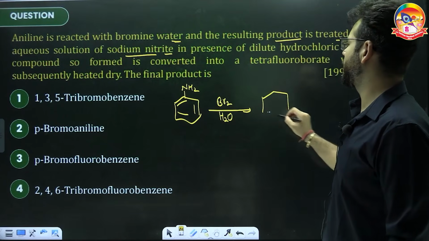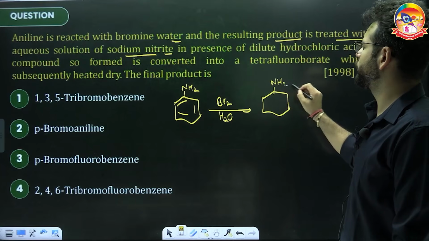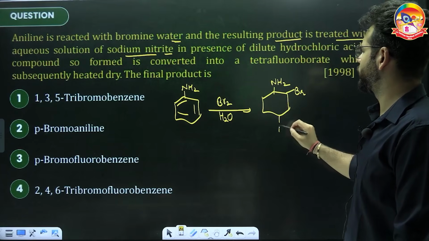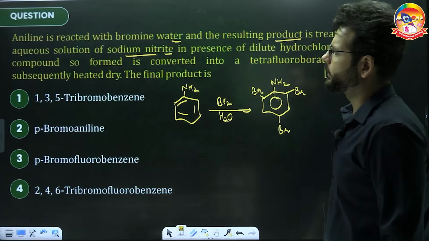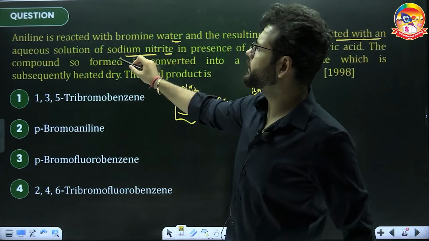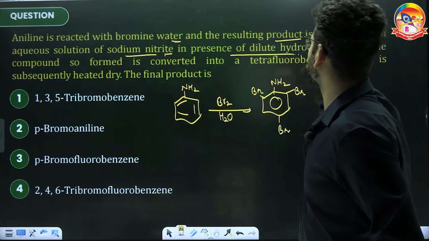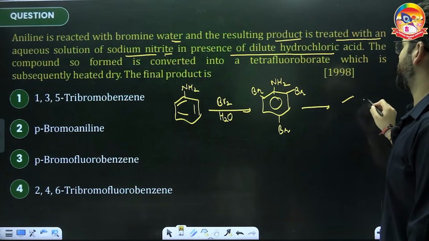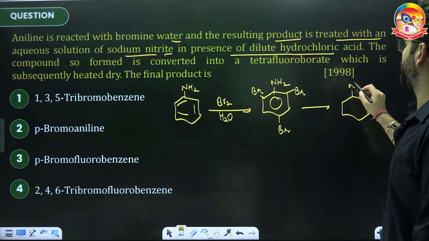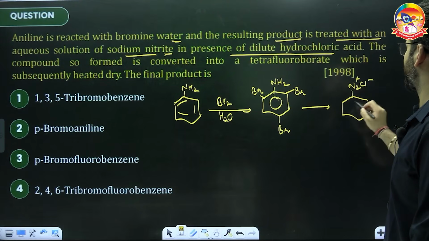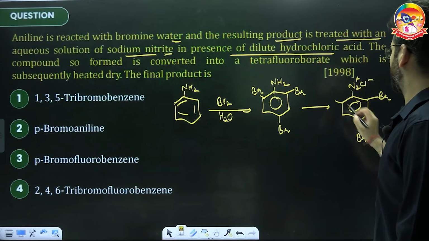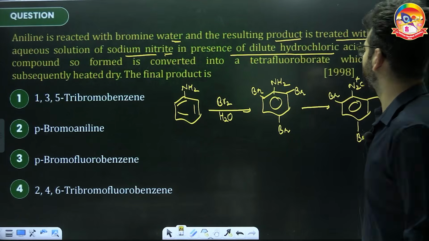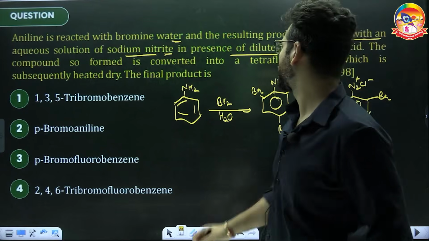We get a white precipitate, tribromoaniline. Then it is treated with sodium nitrite in presence of HCl, which is nothing but diazotization, where we get a diazonium salt like this: 2,4,6 tribromobenzene diazonium chloride.